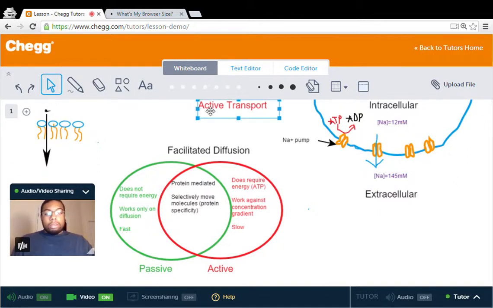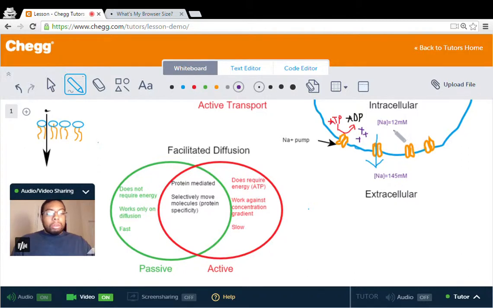Now, let's just say that this cell has a couple of extra molecules of sodium, which we'll just denote by their positive charge, adding into that intracellular space. And it needs to move these guys out.